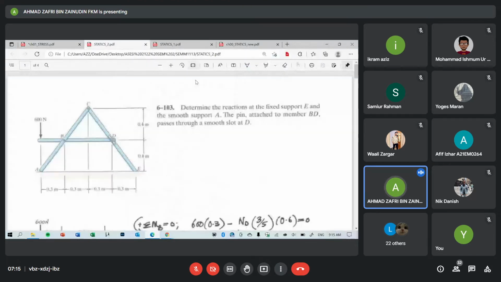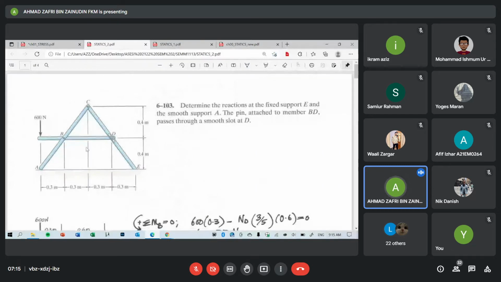sigma equal to P over A is for axially loaded members. If you look here, there is no member under axial load. This is under transverse load. So later we will calculate the stress due to transverse load.